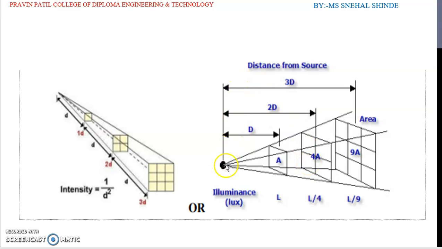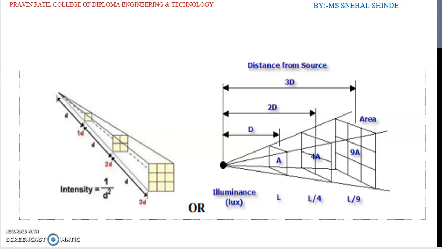Next, from the point source to the third plane the distance is 3d, that is the distance from source to the respective plane. So this is a similar figure. So this was the inverse square law of illumination.